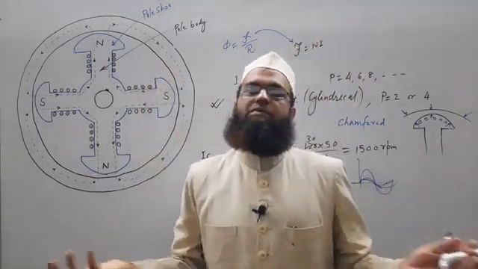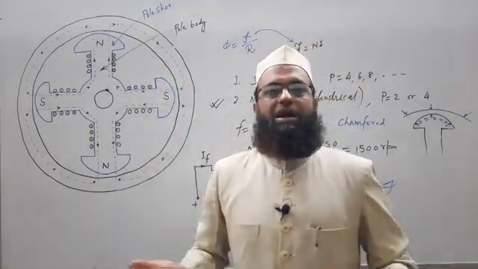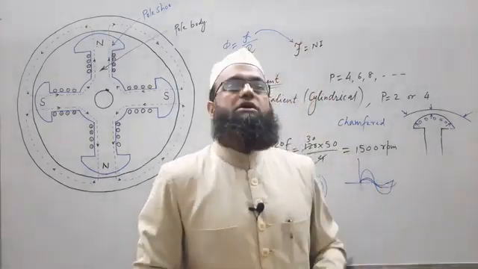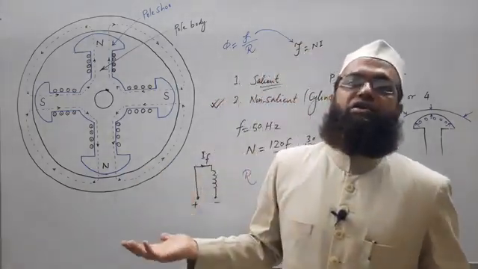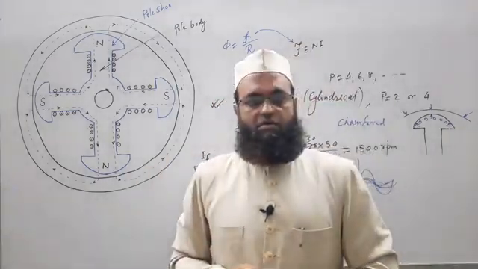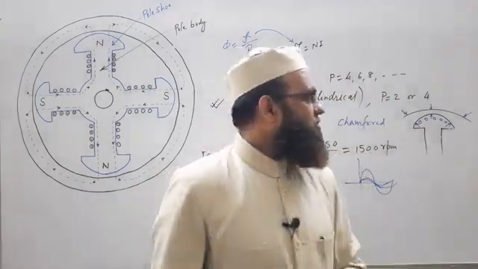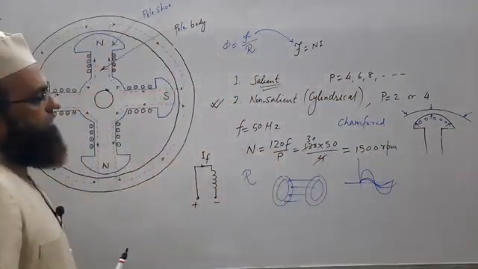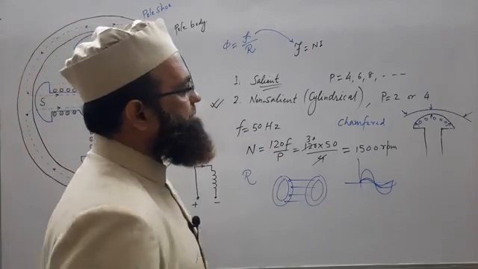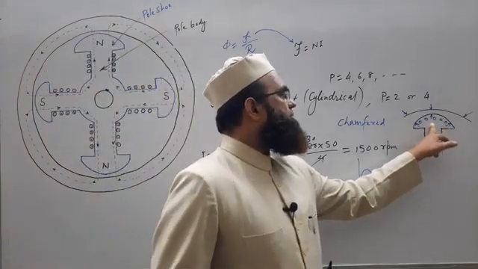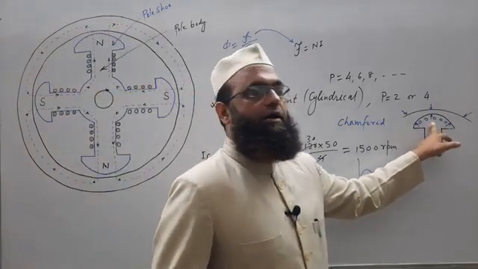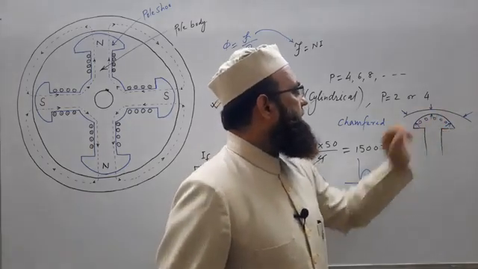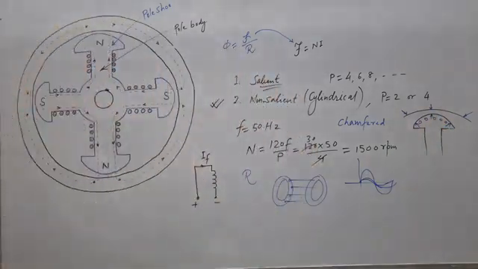At that time no EMF will be induced, so it will not affect the running condition of the motor. Fine. So these are the two reasons to have holes drilled on the pole shoe and copper bars inserted in them.